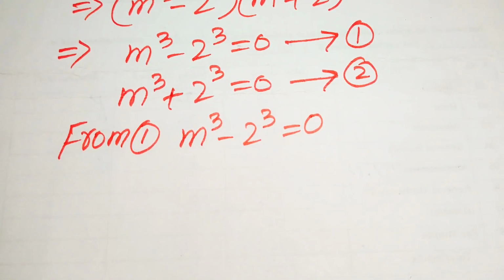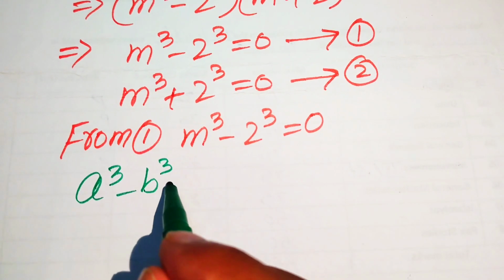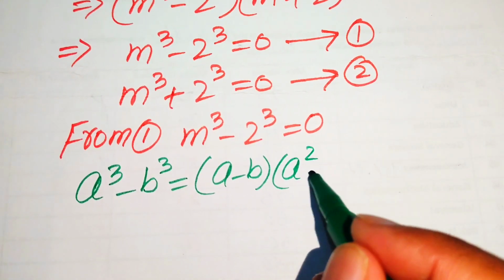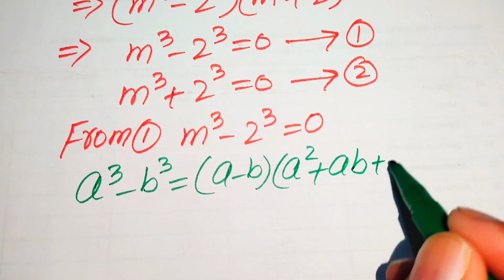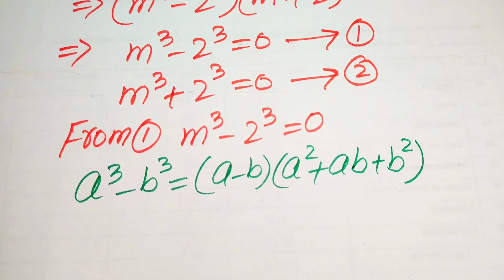So here we use the nice cubic formula, and you know about this formula: if we have a cubed minus b cubed, it equals a minus b times a squared plus ab plus b squared. Here we use this nice cubic formula on the above equation.